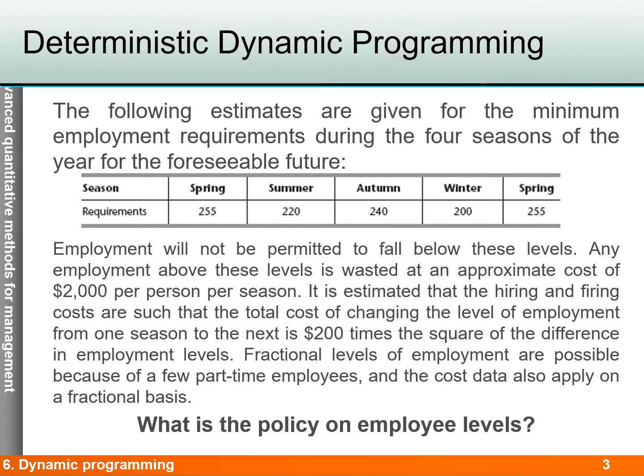The minimum requirements for spring is 255, for summer is 220, for autumn is 240, and for winter is 200. And this repeats for spring, summer, autumn, and winter again and again. So, employment will not be permitted to fall below these levels.